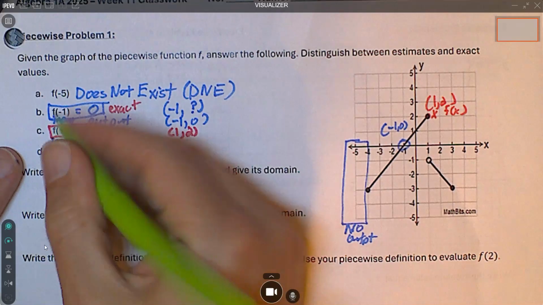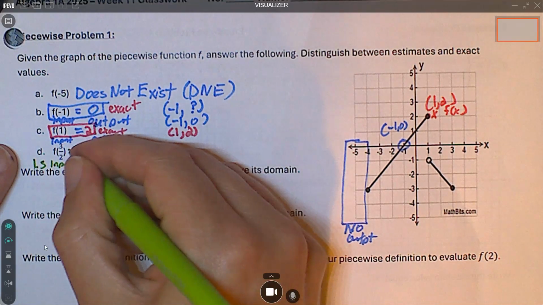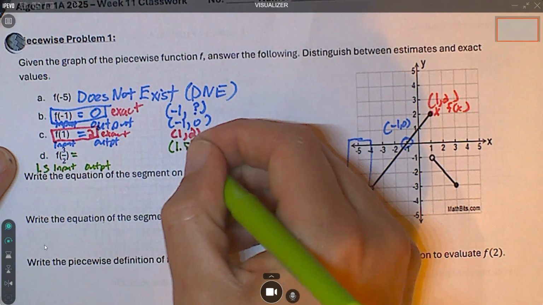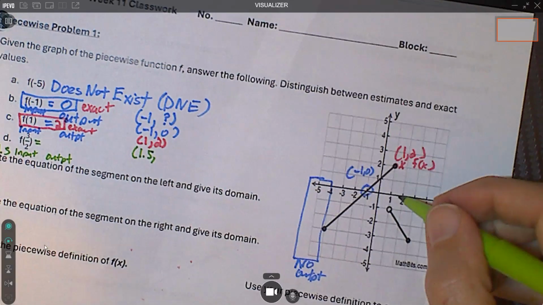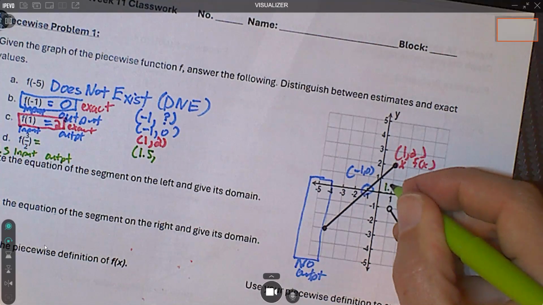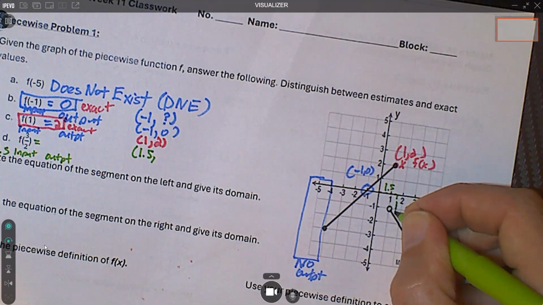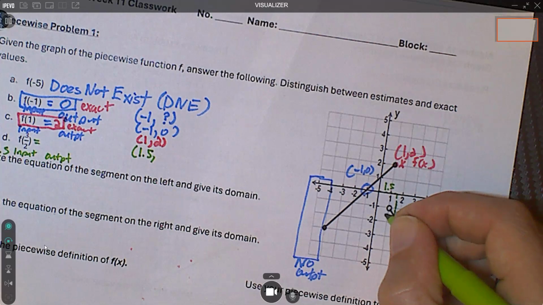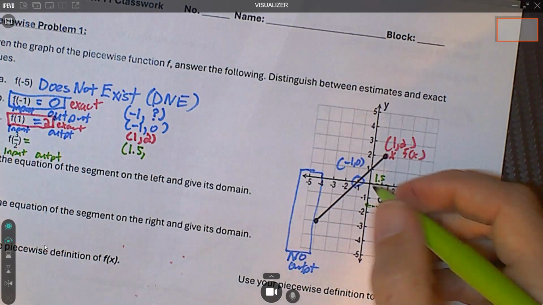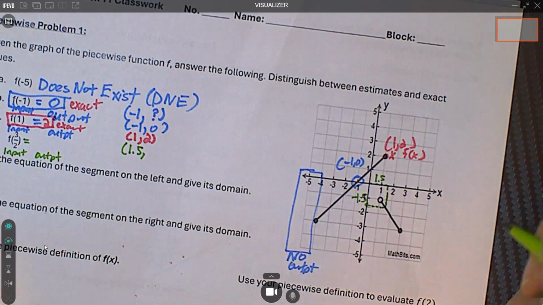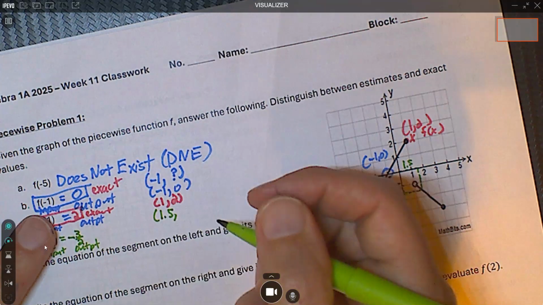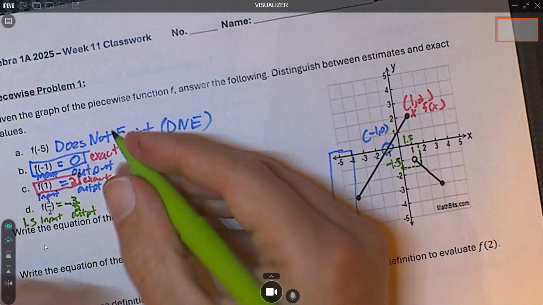The input's 1.5. What's the output? Okay, 1.5's here. All these are exact.